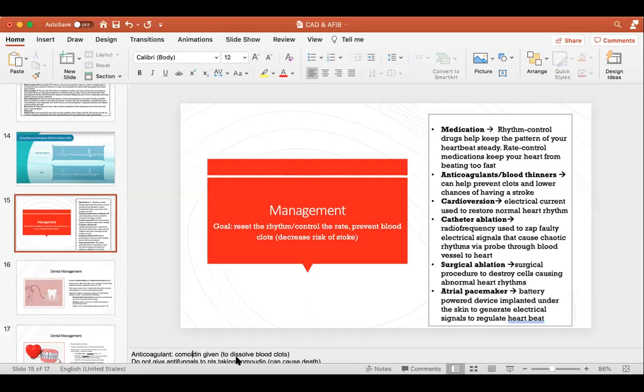Irregularly irregular. That means you can have regular, like boom, boom, boom, boom, or you can have irregularly irregular, like bum bum bum bum bum bum bum bum.